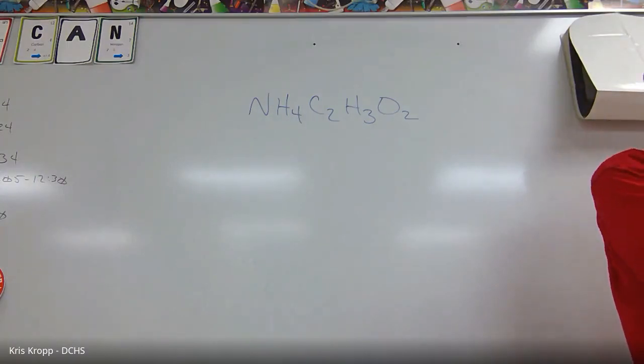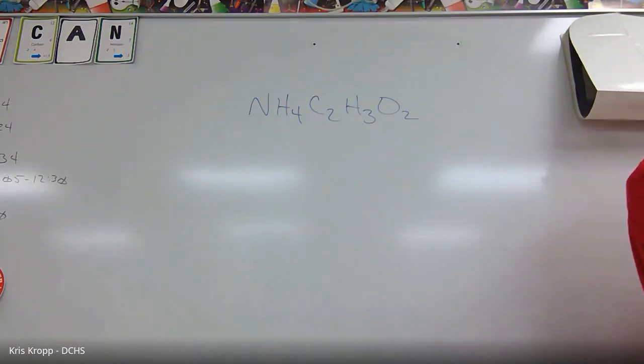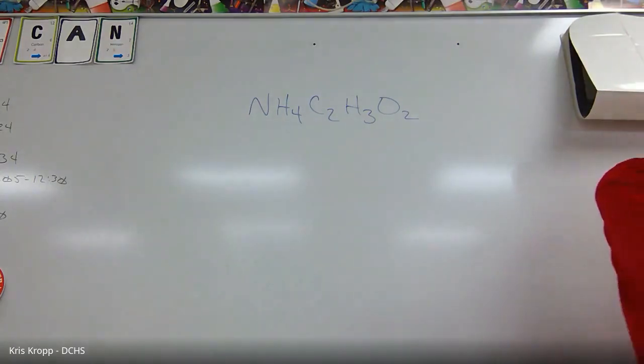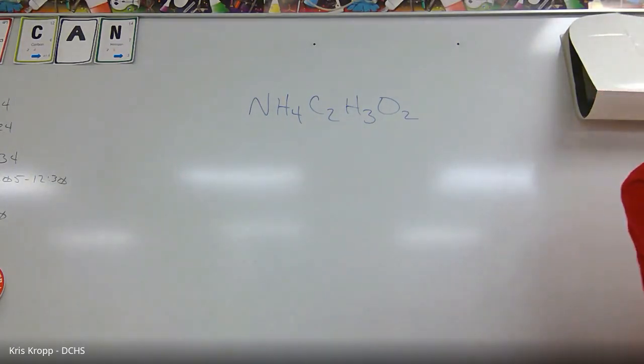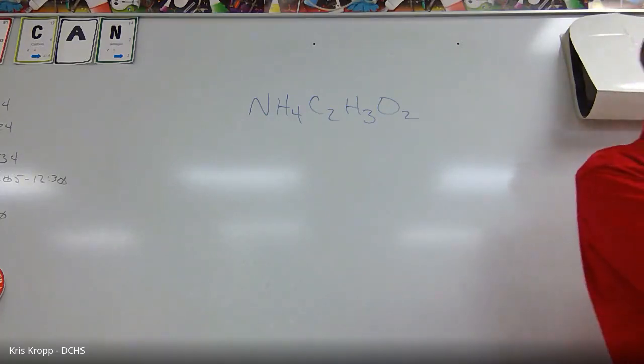How would we classify all of the cations? What kind of element were they? There's only 3 kinds of elements. Uh-oh.